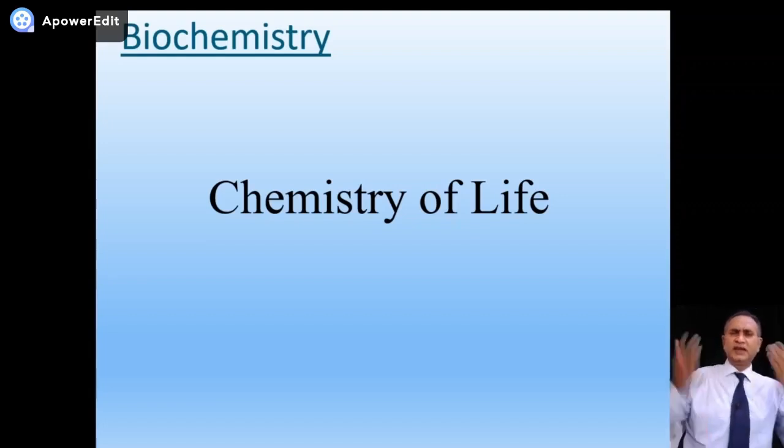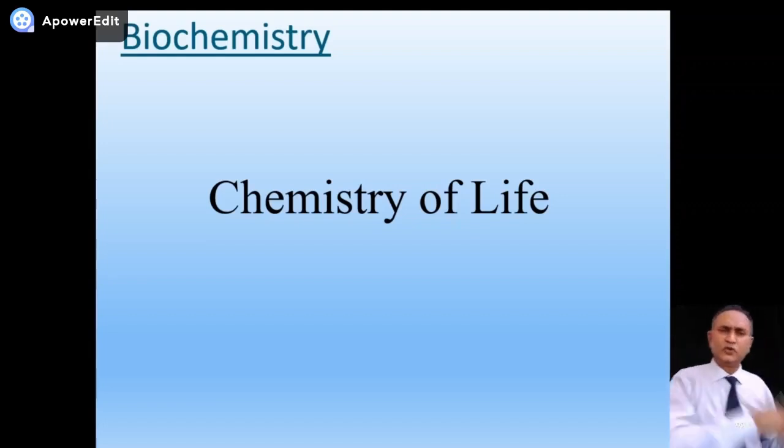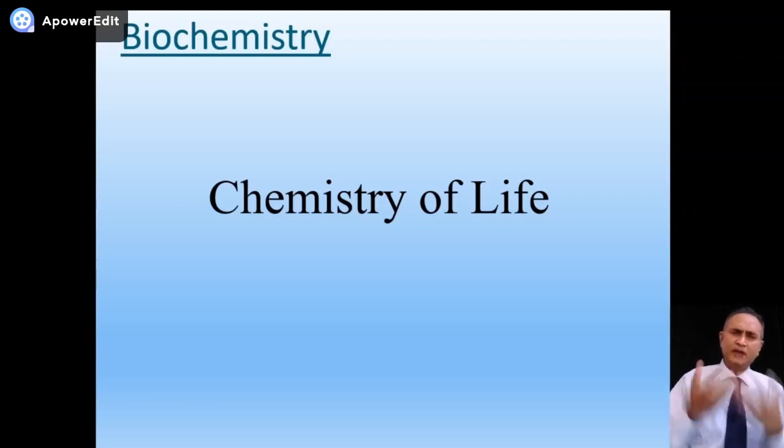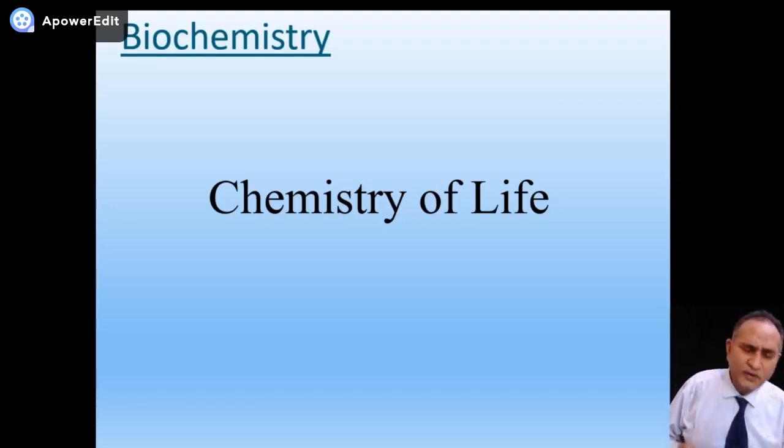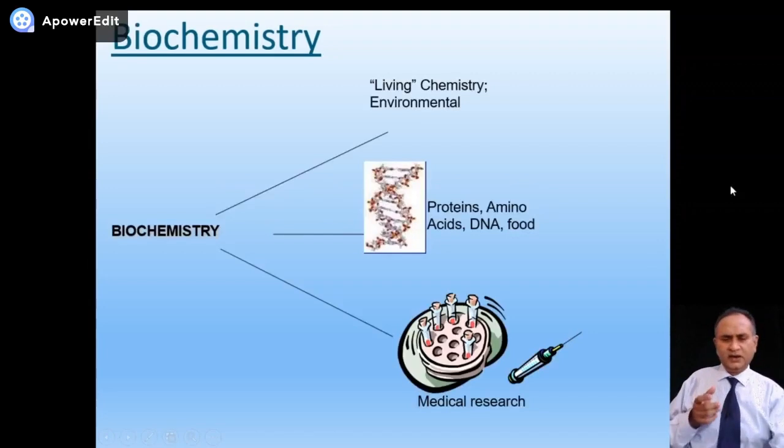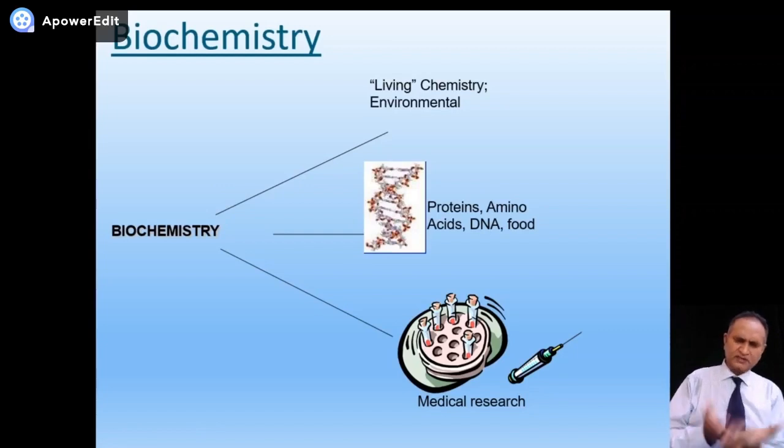As we inhale, oxygen combines with glucose, releasing energy and producing carbon dioxide. All of these are chemical reactions. Such reactions are studied under the heading of biochemistry. If you want to study proteins, amino acids, DNA, medicinal research, all are related with biochemistry.